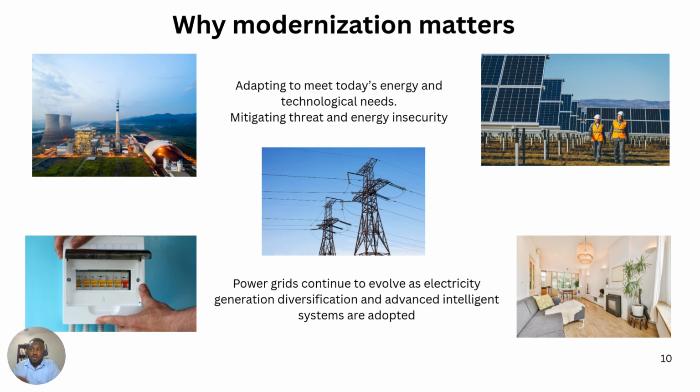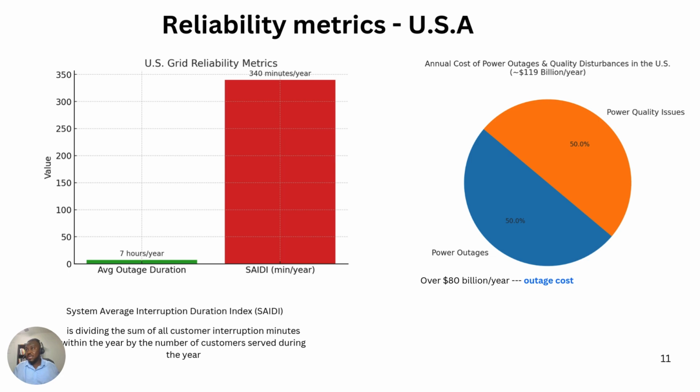And as the power grid continues to evolve, with electricity generation from different sources, it also means that we need to adapt. Okay, let's look at some metrics that re-emphasize what I'm talking about.